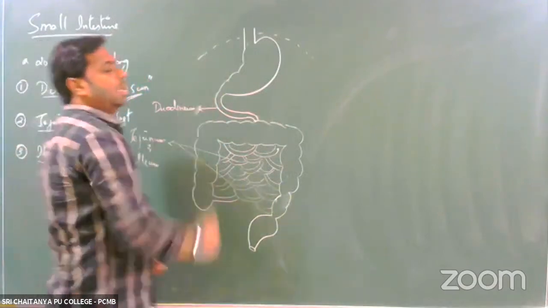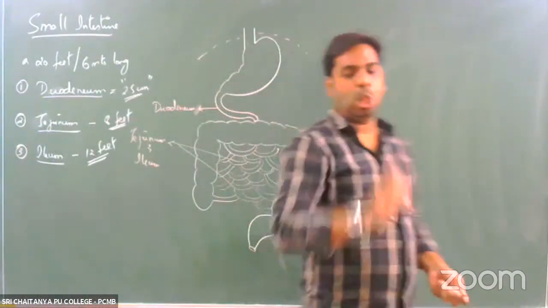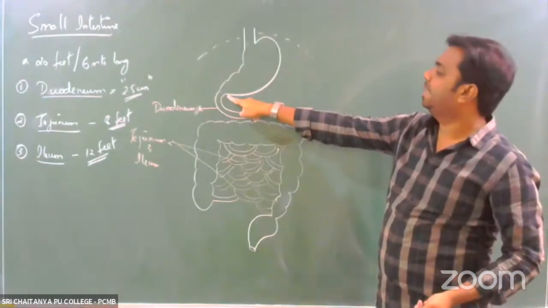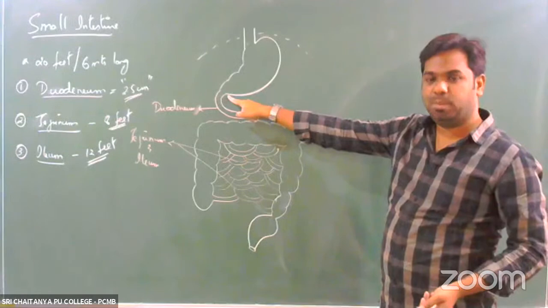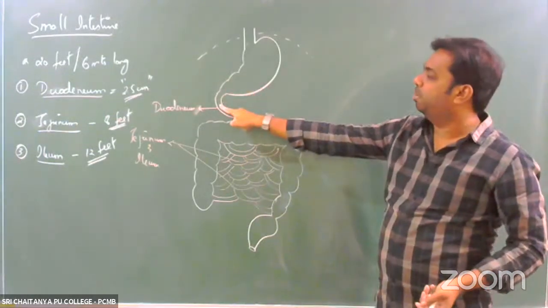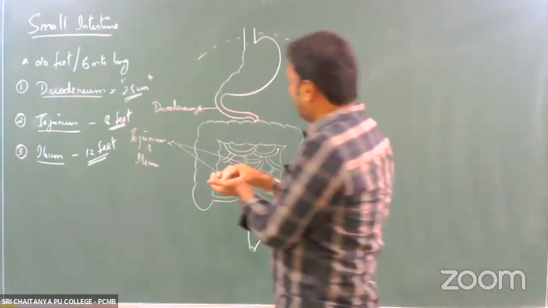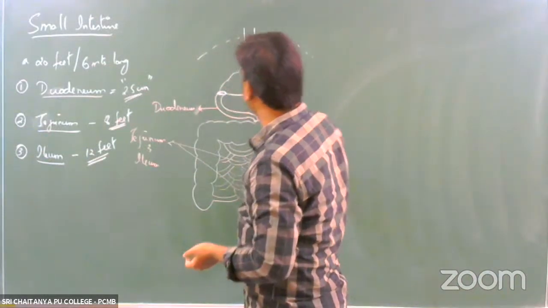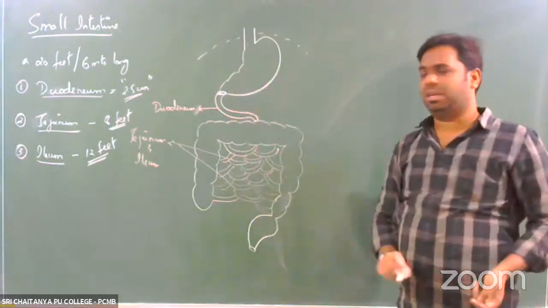Now, this entire small intestine has two openings, the anterior opening as well as the posterior opening. This would be the anterior opening of the small intestine, where the stomach opens up into the duodenum. At this opening, there is a sphincter, a circular muscle. We have already studied the sphincter.